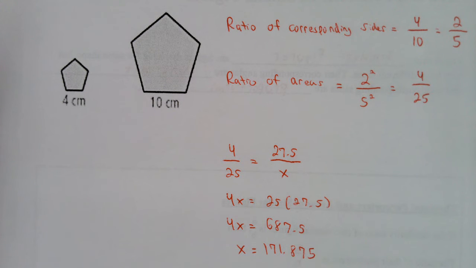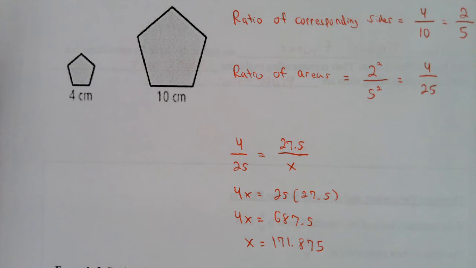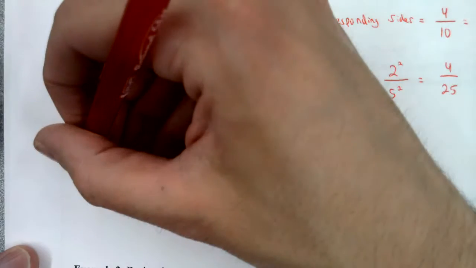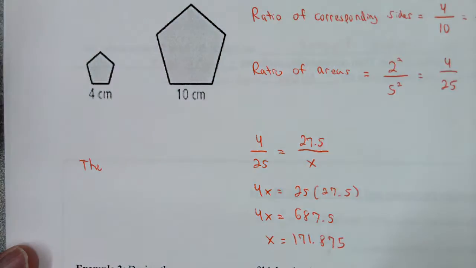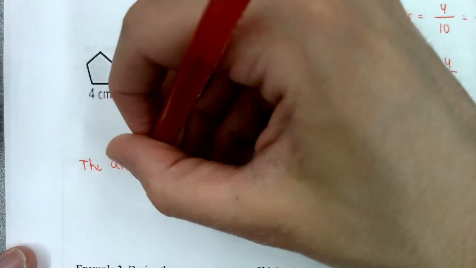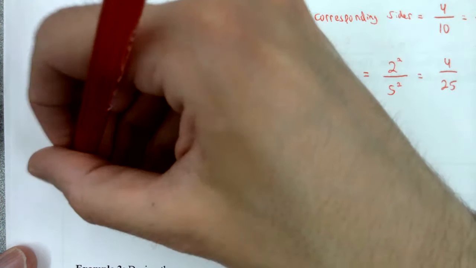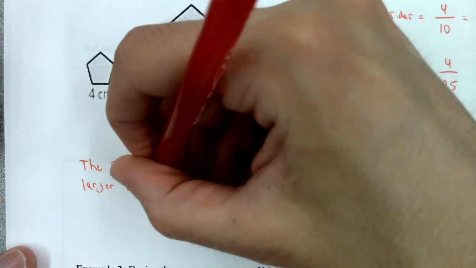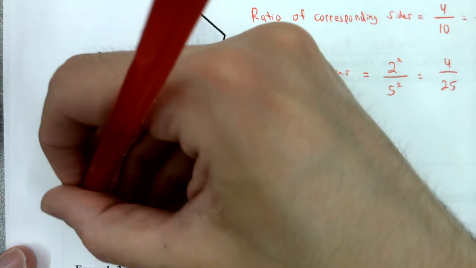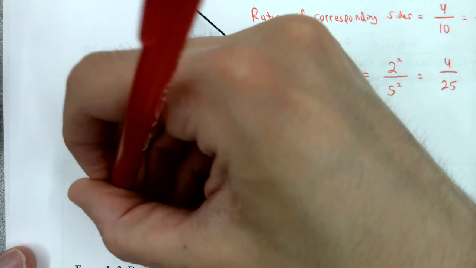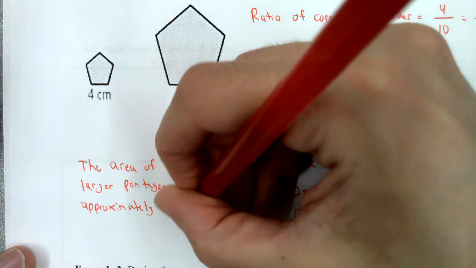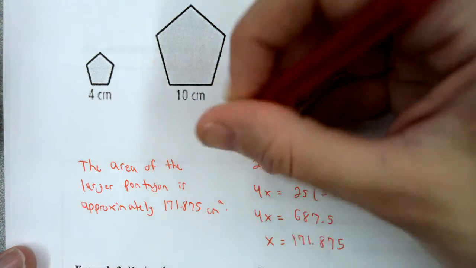So the final answer, the area of the larger pentagon is approximately 171.875 centimeters squared.